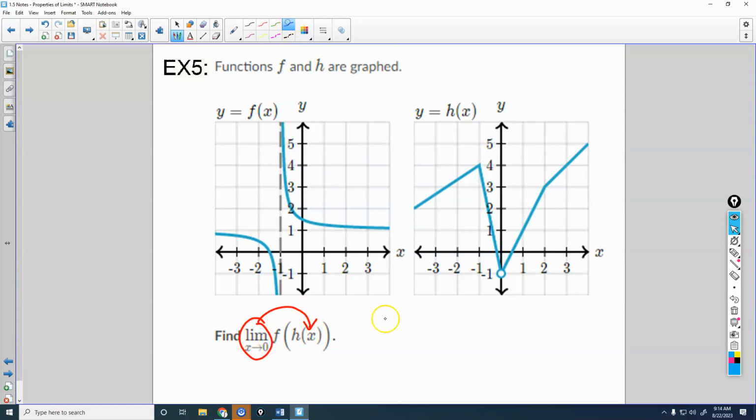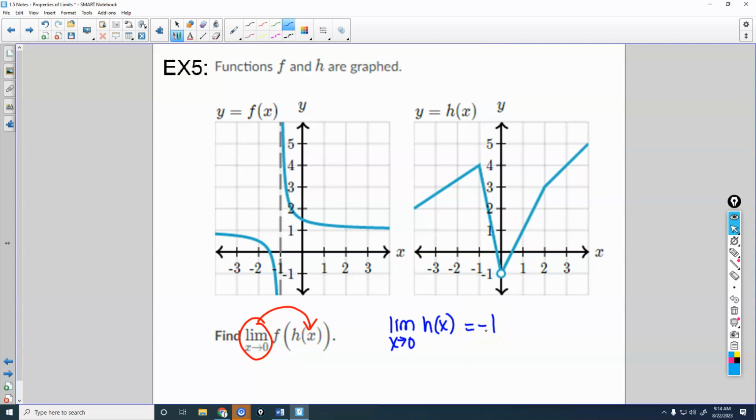So the first thing we're looking at is the limit as x approaches 0 of h of x. Okay, so here's where things get weird. Okay, this one's weird. All right, what is our limit as x approaches 0 for h of x? It's -1.